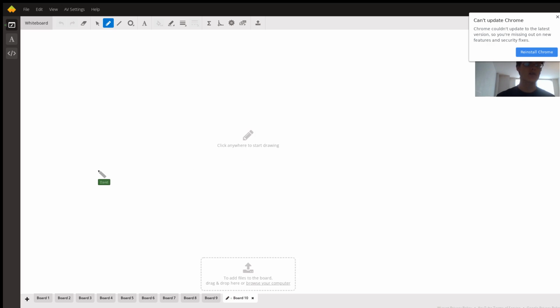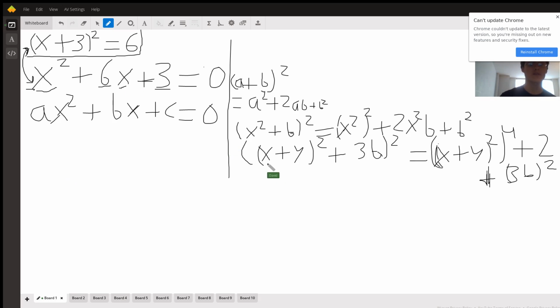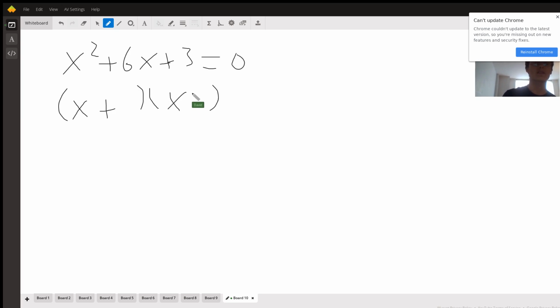Indeed, if we look at our quadratic here, which was x plus 3 squared equals 6, or expanded out, x squared plus 6x plus 3 equals 0. If we try to factor that, we say, well, like before, we want an x in both terms, and then we have two numbers which should multiply to 3 and add to 6.